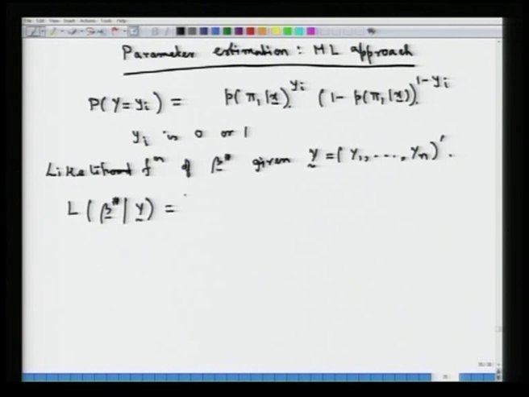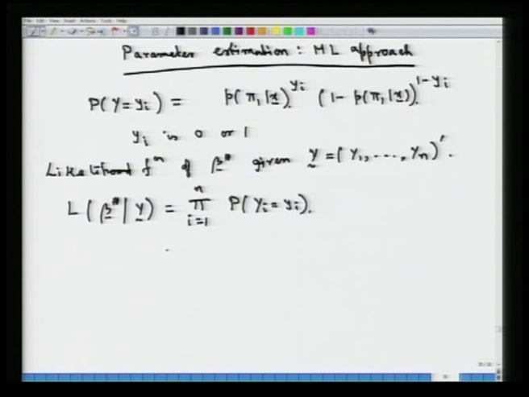This is equal to the product from i equal to 1 to n of the probability that Yi is equal to small yi, because all the yi's are independent. Here yi denotes the ith record in the data, and the ith record has the corresponding feature vector denoted by xi.